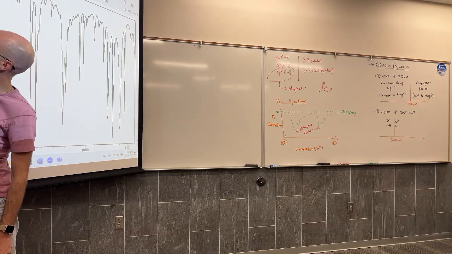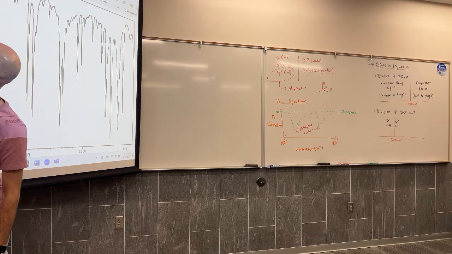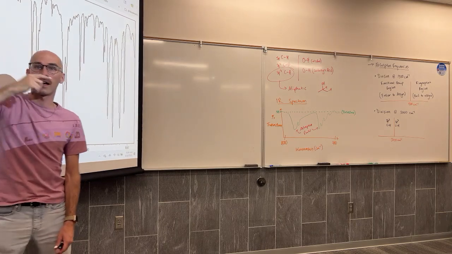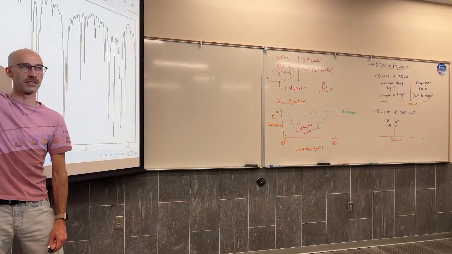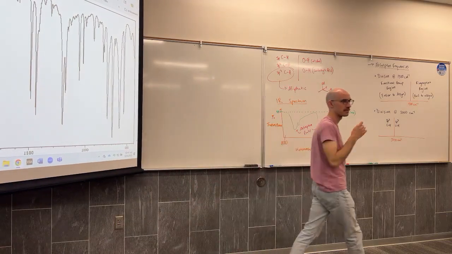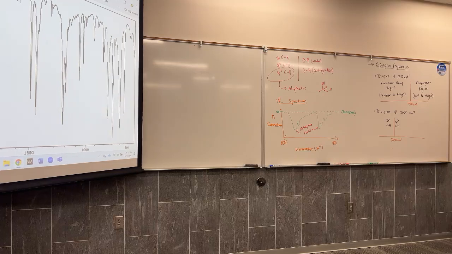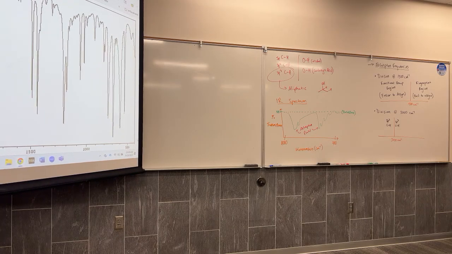You can see that they're kind of connected here. But 3,000 runs right up this crack and separates this one peak from that set of peaks. So a line at 3,000 tells us that I have both sp3 and sp2 C-H.